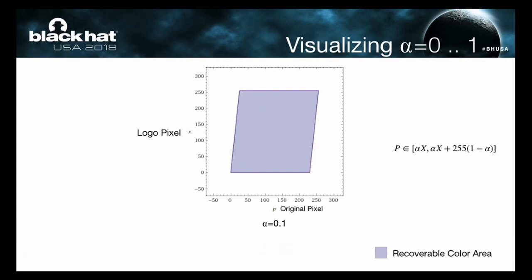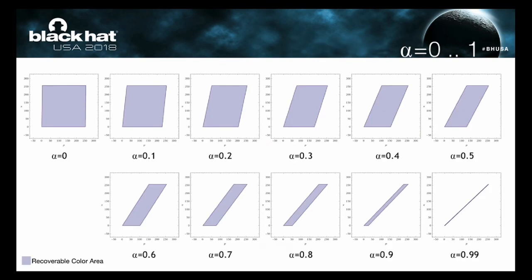Then when alpha goes up, the recoverable area gets smaller and smaller. When alpha goes to about 0.99, or totally opaque, the window closes. There's nothing we can do. It's pretty straightforward, right? So this is the estimation of method number 1.